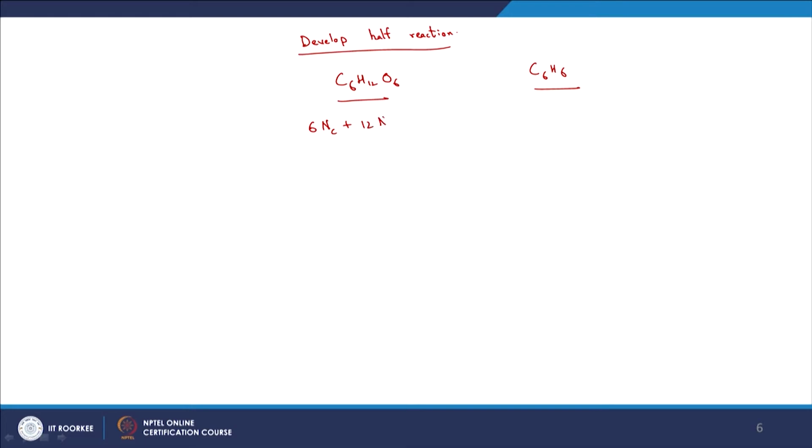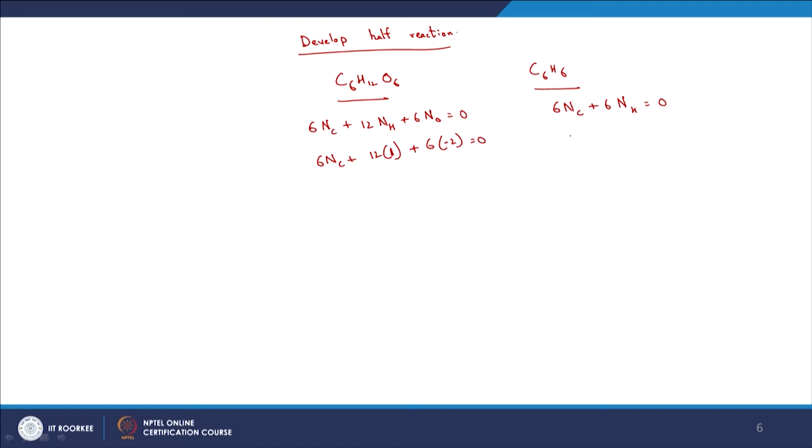Plus 12 times the oxidation number of hydrogen plus 6 times the oxidation number of oxygen is equal to 0. And here it's 6 times the oxidation state of carbon plus 6 times the oxidation state of hydrogen, equal to 0. So 6 times Nc plus 12 times 1, which we know from our previous knowledge, plus 6 times minus 2, is equal to 0.